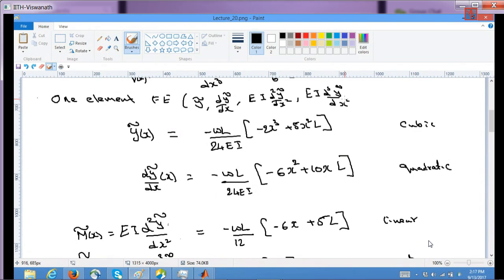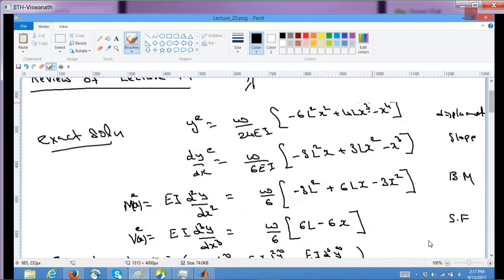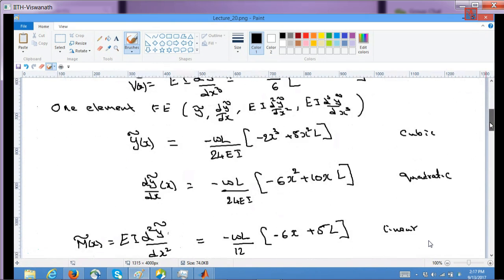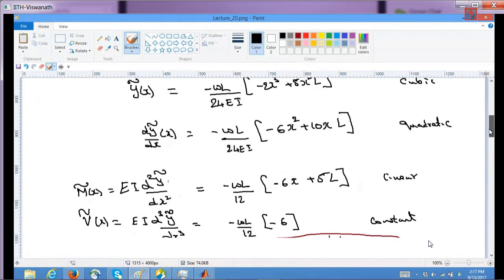So these are all the finite element solutions. If you look here, this was a fourth degree polynomial, this is third degree, this is quadratic, and this is linear. Unlike the exact solution, in our finite element solution y tilde is cubic, dy tilde by dx is quadratic, M of x is linear, and V of x is constant.